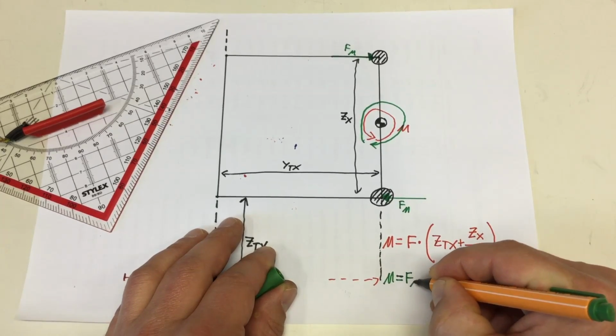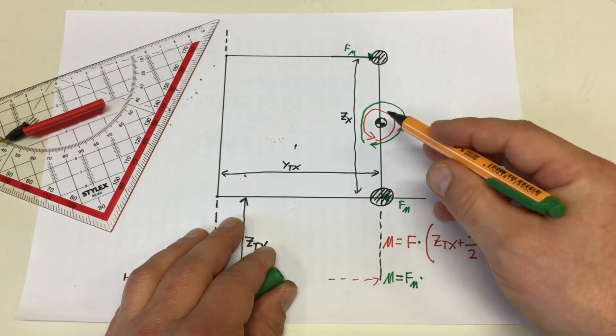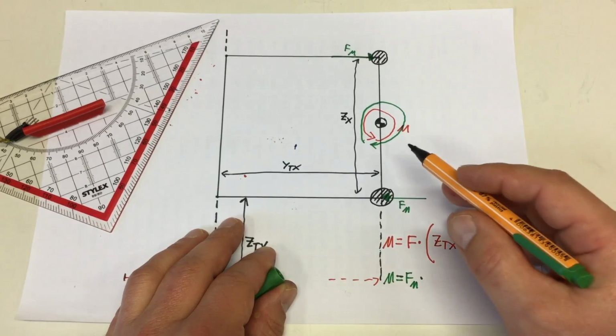So F momentum, and the length of our lever is ZX half.